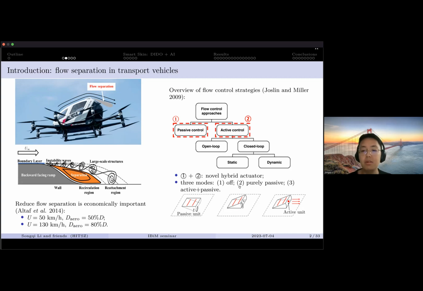Number two, it should be able to operate under a purely passive mode, which means this passive unit will only be activated and no extra energy investment is required. And finally, based on the passive results, it should be able to operate under an active plus passive mode, which means an additional active component can be activated to further improve the flow control result.